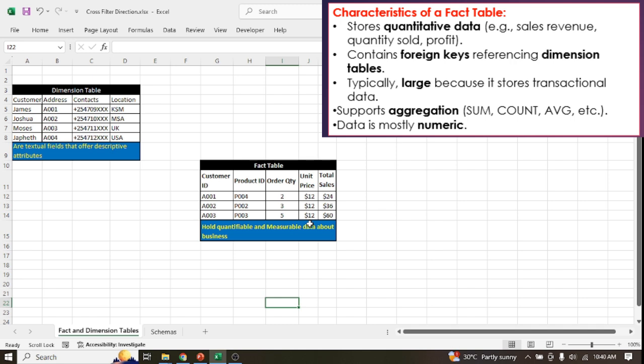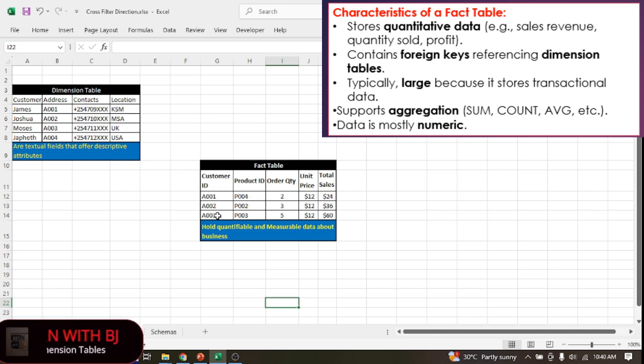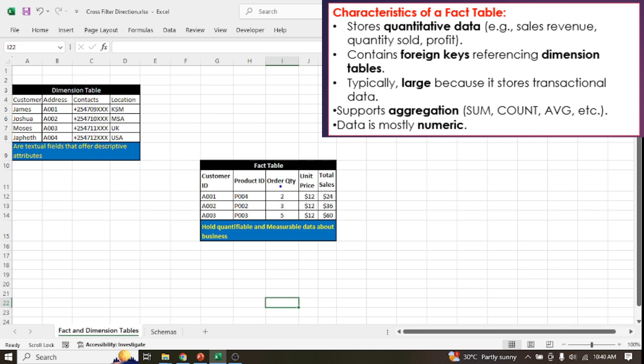And another characteristic is that the data is mostly numeric. So like now in my table here we have product ID and customer ID. Other than these two columns, which are mixed data, mixed in the sense that they have both numeric values and text values, the other columns are numeric in values.